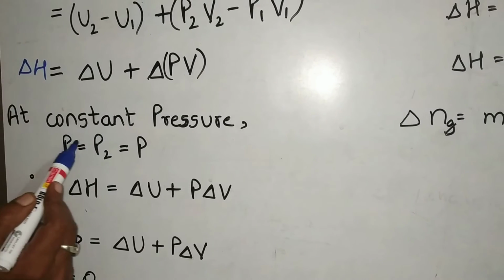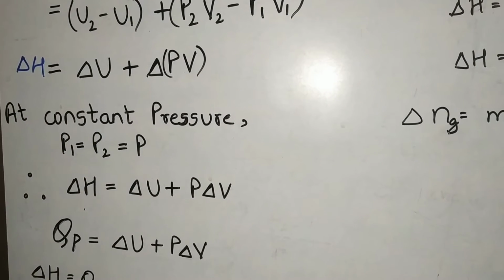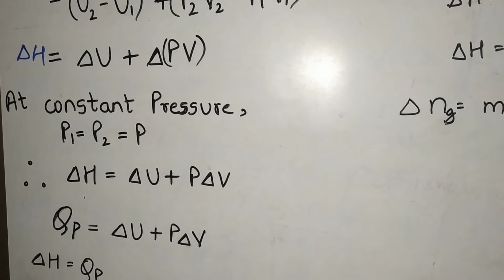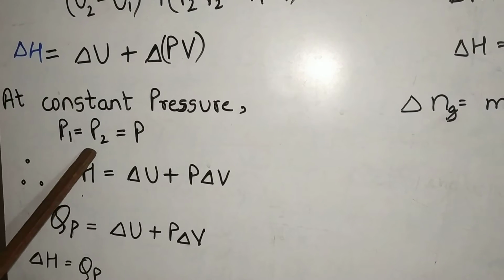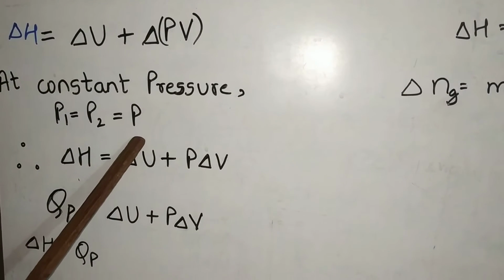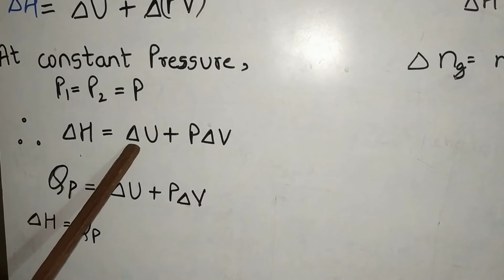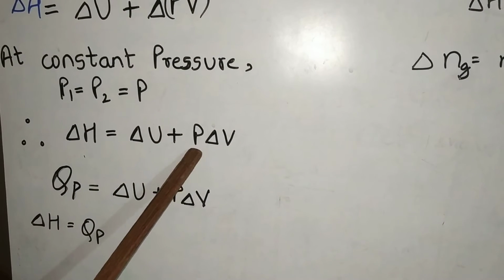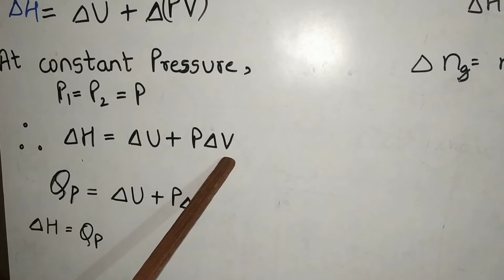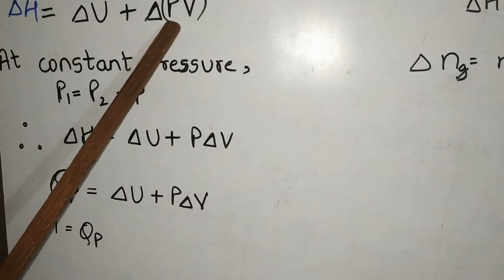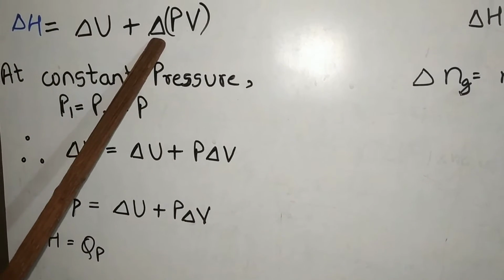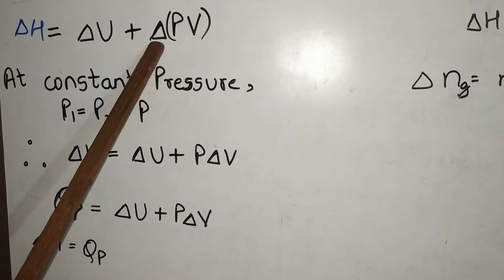Now if pressure is kept constant, you will find P1 is same as P2 is equal to P. So the expression changes to delta H is equal to delta U plus P into delta V. Delta is gone because pressure is constant. What is delta? Change in pressure. But what are we saying?